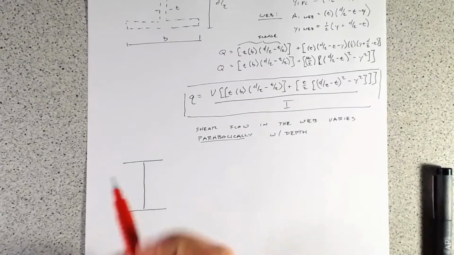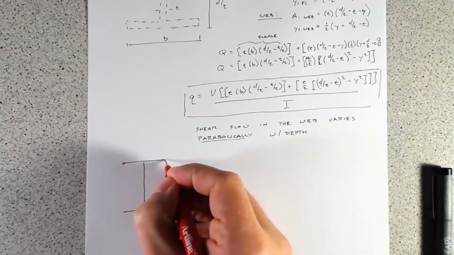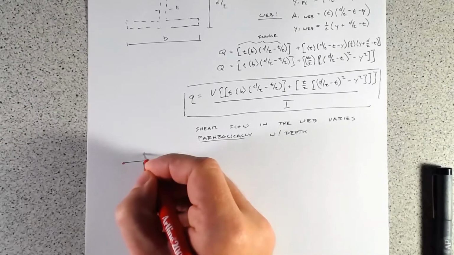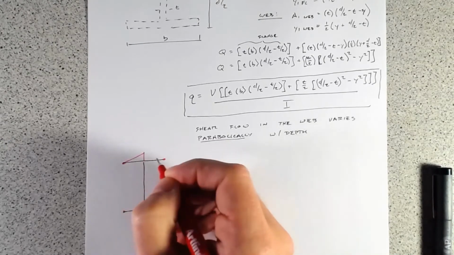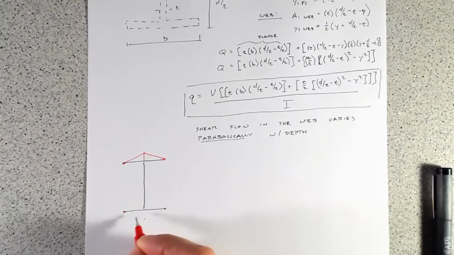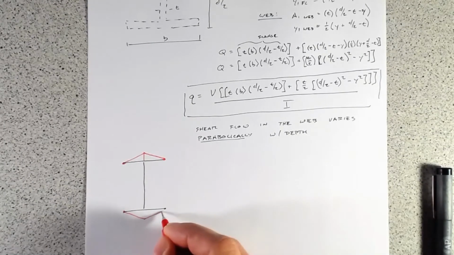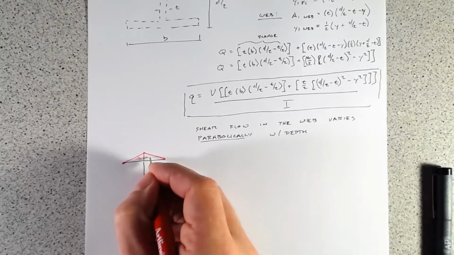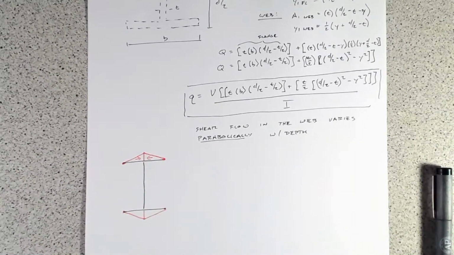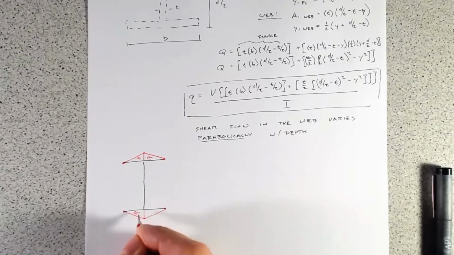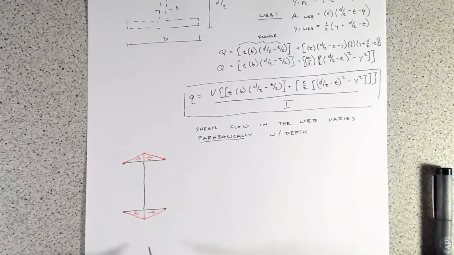So we know that we've got to be 0 at each free edge. We saw with our flanges that we start at 0 and we move up to a maximum value at the web, and our shear flow is going to go towards the web on the compression side, and then away from the web at the tension side.